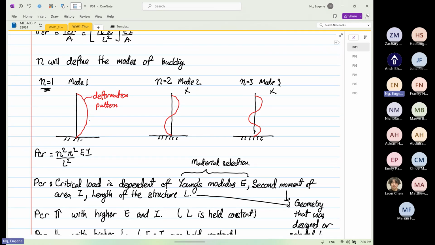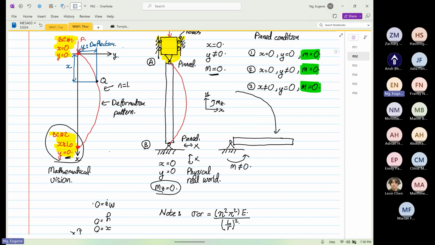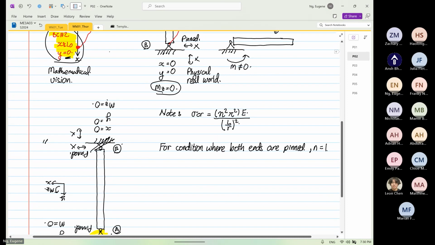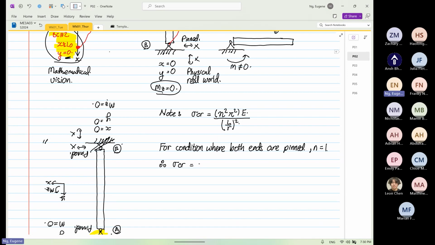We are focusing on mode 1 deformation, where n is equal to 1. So when that's the case, stress critical is equal to pi squared E over bracket L over R squared.